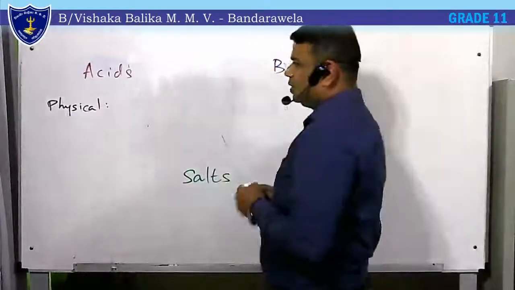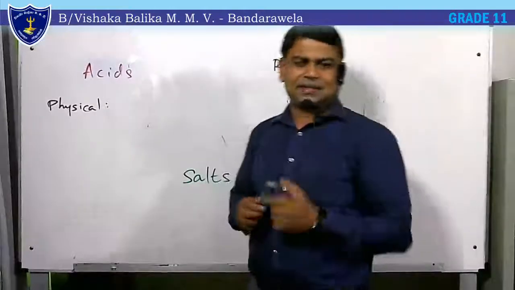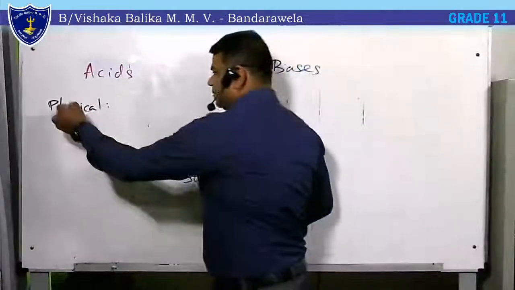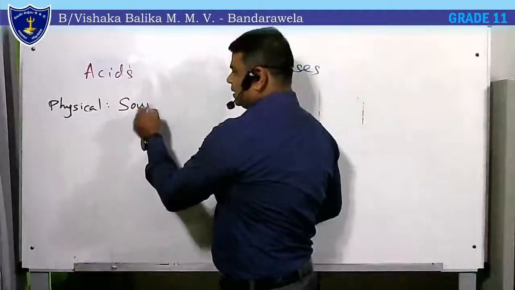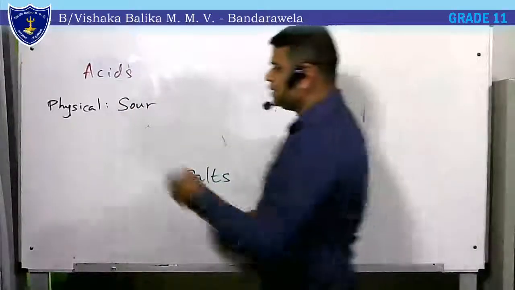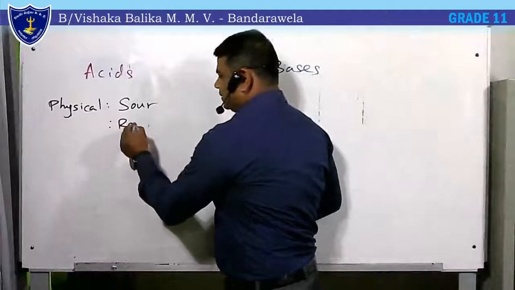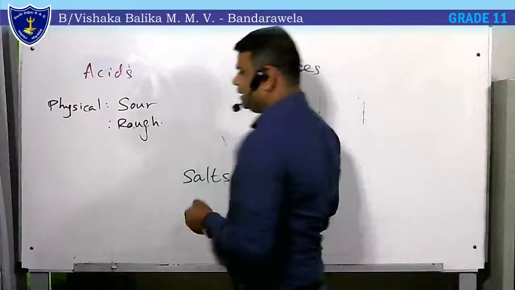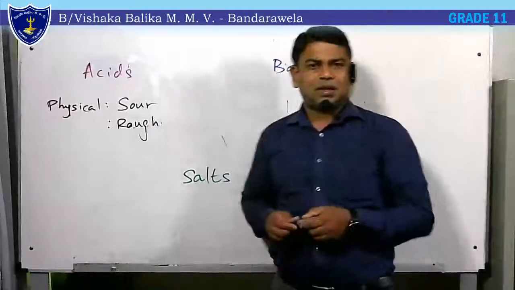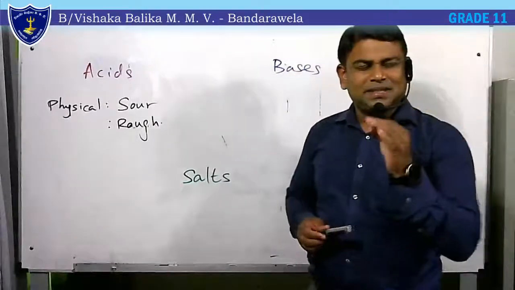Acids are sour in taste, but the problem is some acids we can't taste. Acids feel rough to our hand. There is a rough feeling when you touch an acid. Those are the physical properties.